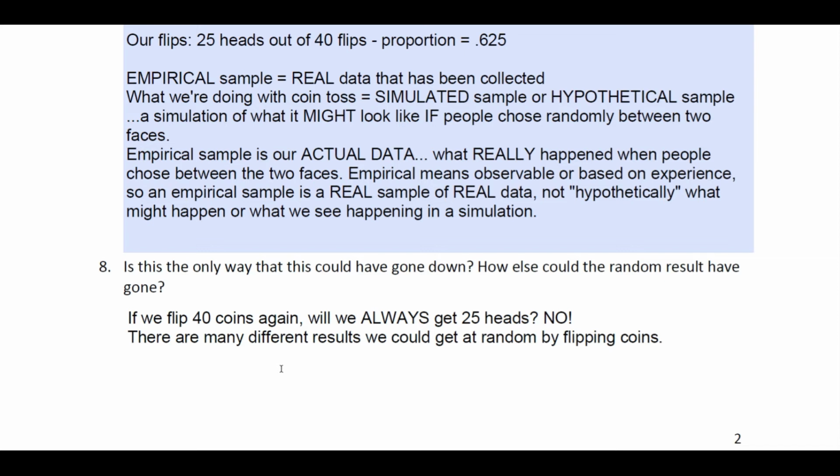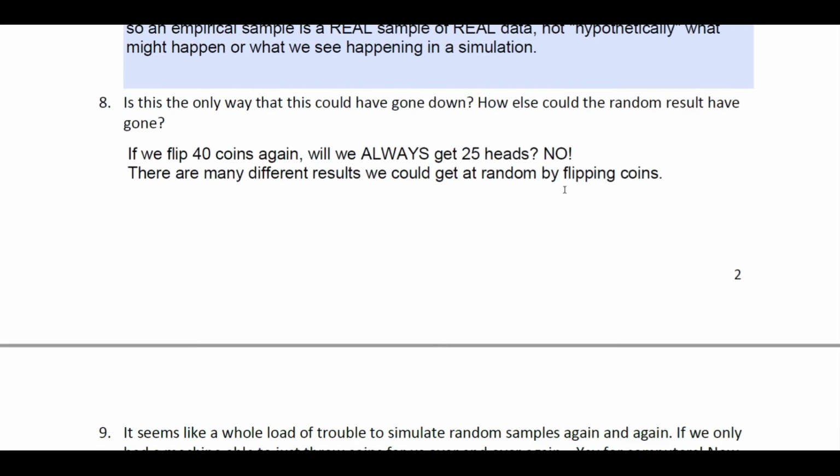But again, if you just look at one time, that's not a very good measure. We want to look at lots and lots of times what happens. So out of all the times that we would flip 40 coins, how likely are we to get 60% versus 40%? That's really the logic behind the statistics that we're doing. So random can look lots of different ways, and we don't want to look at just one case of random.